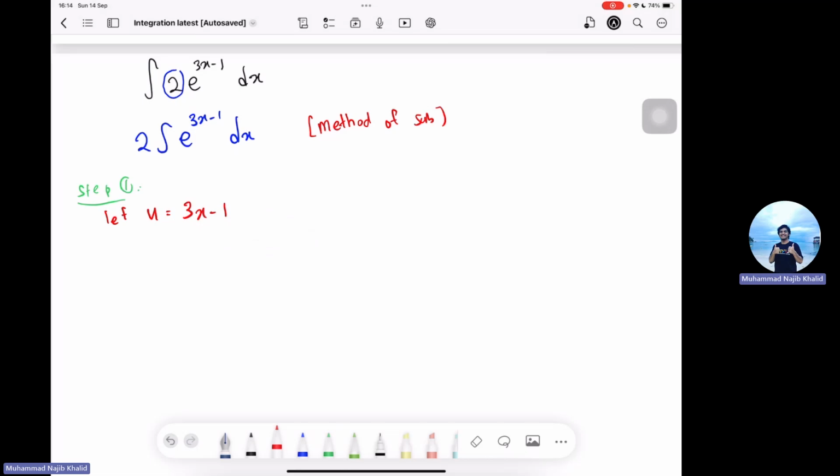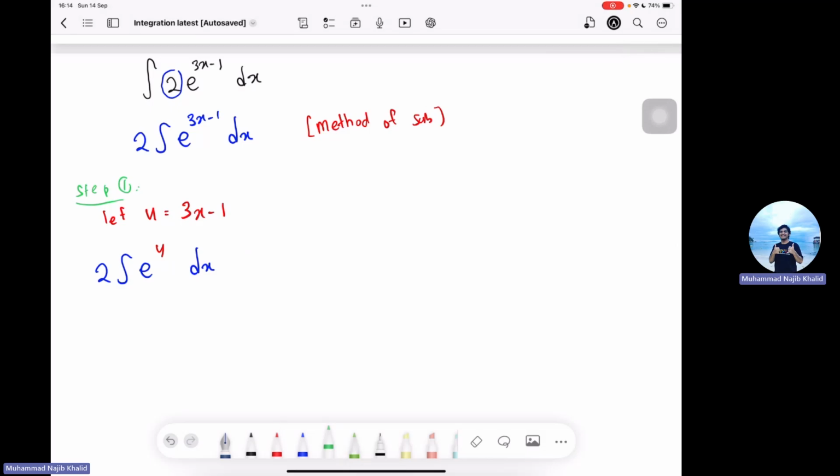We rewrite the integral and replace the 3x minus 1 with the symbol u. So we have done choosing u.